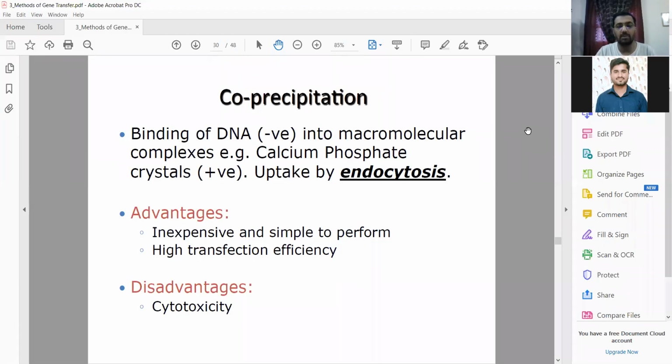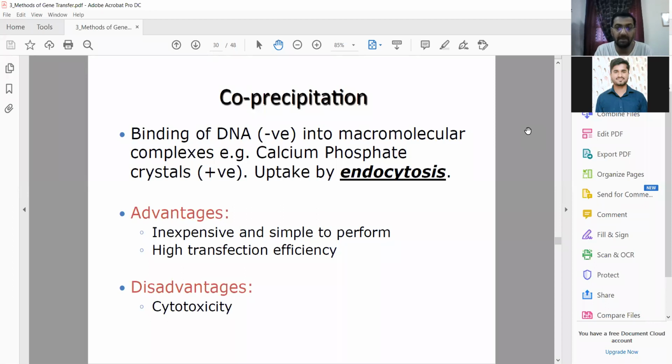But coming to the point, what we do is we have two buffers. We have a HEPES buffer containing sodium phosphate, and one with calcium chloride along with the DNA. When we mix these two solutions, calcium phosphate crystals along with DNA complexes are made, and we put those solutions back into the medium where the cells are present.